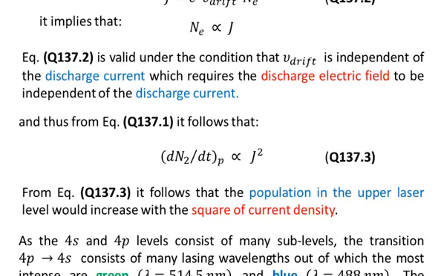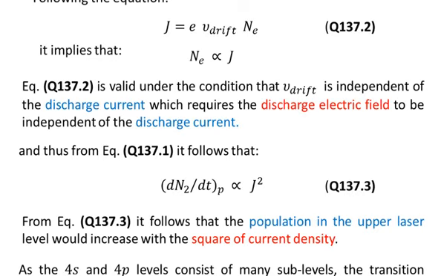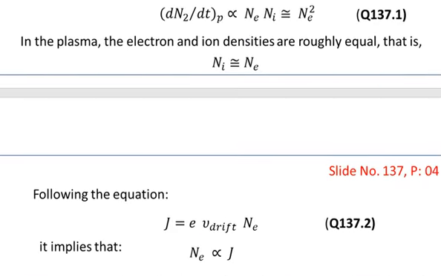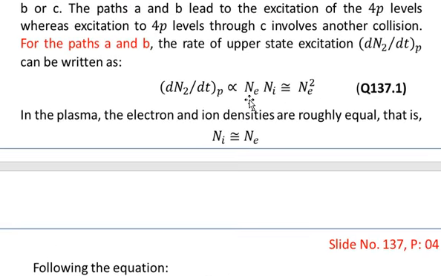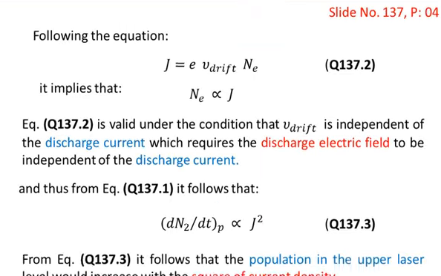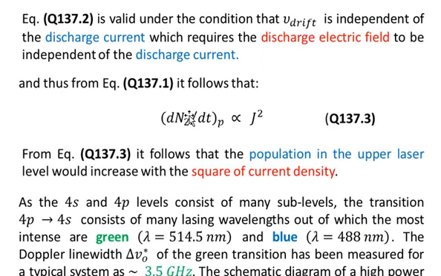Under that condition, from equation number 1, we can write this equation in the form given in equation number 3, that is, dN2 over dt, the rate of transition to the 4p level through the pumping process P, is directly proportional to J square, the square of the current density.